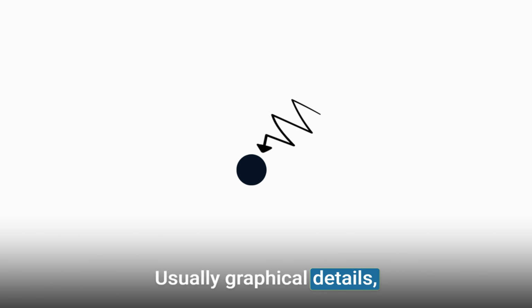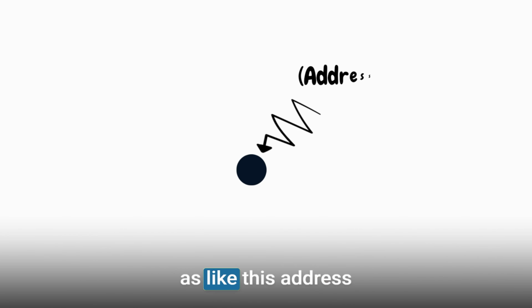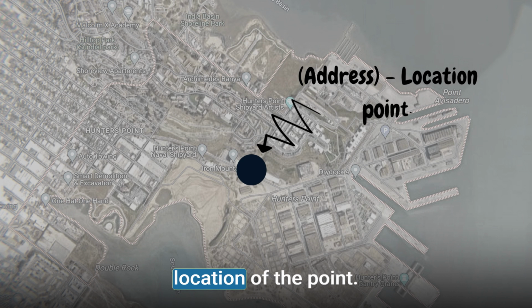Dimension is something which allows us to refer the things in a better way. For instance, a circular point. This is the best example for 1D or one-dimensional data because it is showing visually graphical details which is in one dimension, like this address shown here, showcasing the location of the point. This dimension represents individual elements within the model.